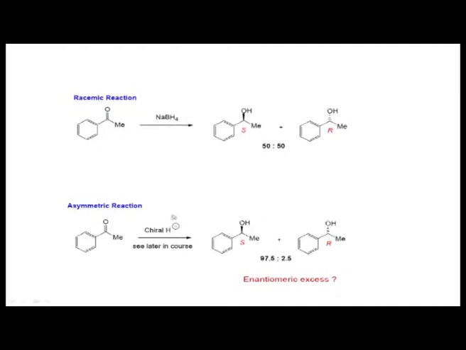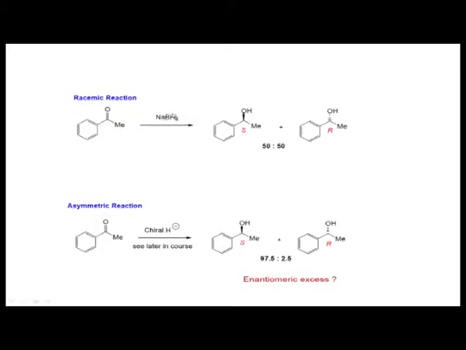On the other hand, if you have the same ketone, phenyl methyl ketone, or acetophenone, as it is commonly known, and if your reducing agent is not borohydride but a chiral hydride source. That means it is a boron which is attached to a chiral group.